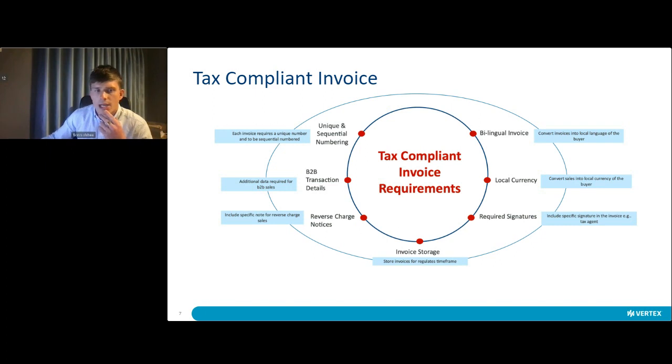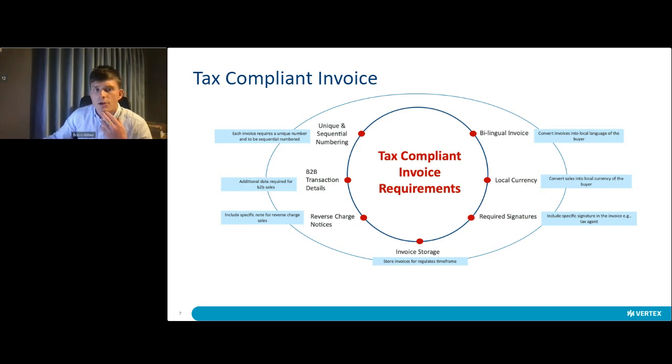The last area is different rules relating to different types of transactions. If I look first at B2B transactions as opposed to B2C, there are generally additional data elements that have to go into an invoice for it to be compliant. That could be the tax ID of the business, or a description of the goods or service being sold.